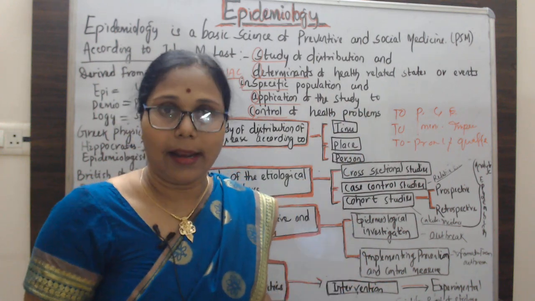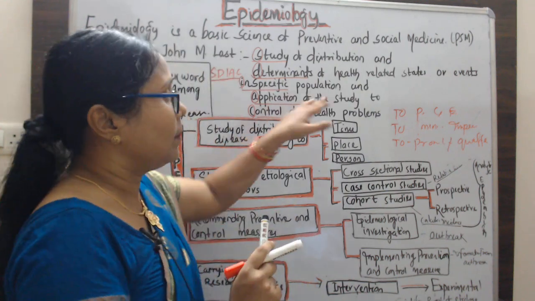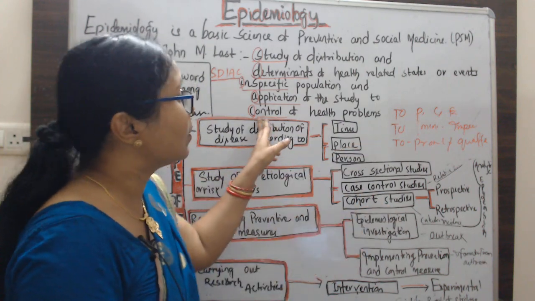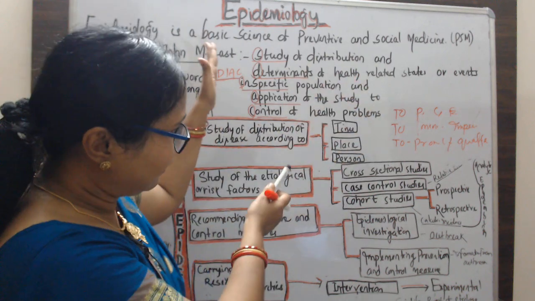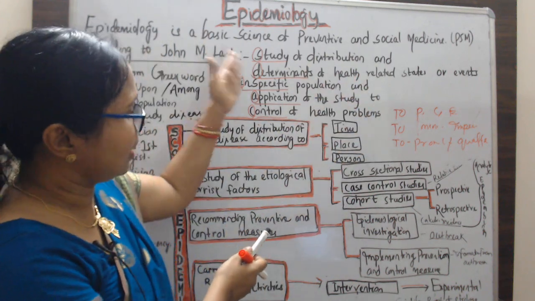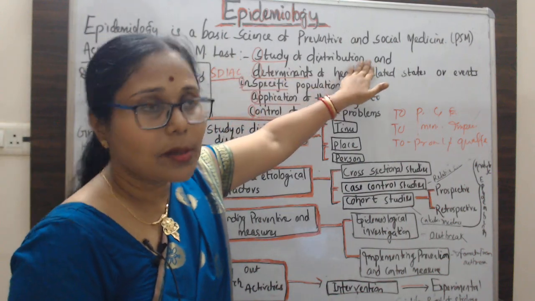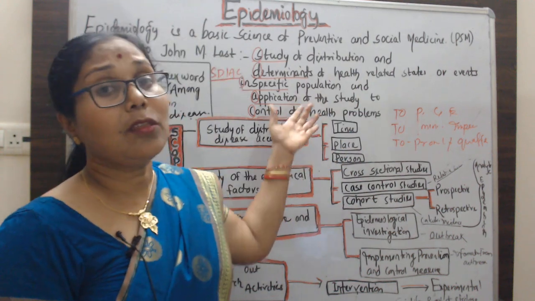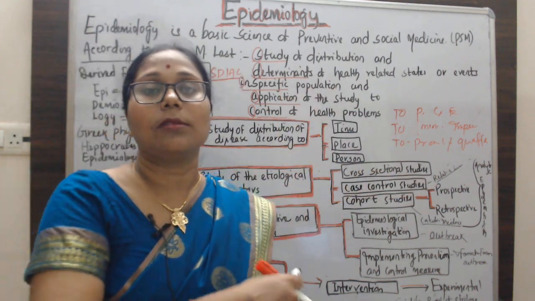The outcomes of that study will be helpful for the control of health problems. So this is the definition by John M. Last: the study of distribution and determinants of health related states and events in specific populations, and the application of this study to the control of health problems.